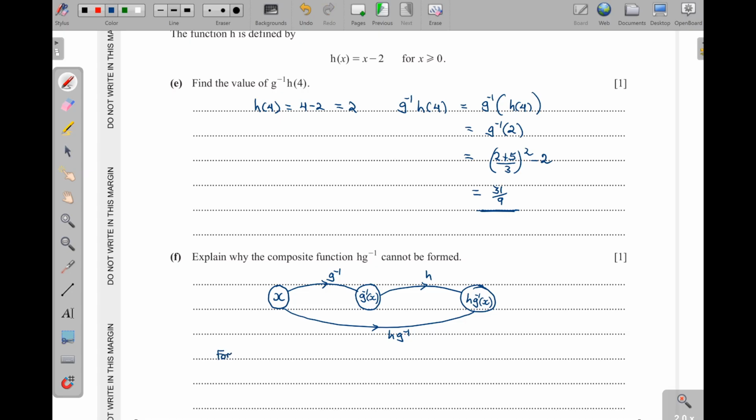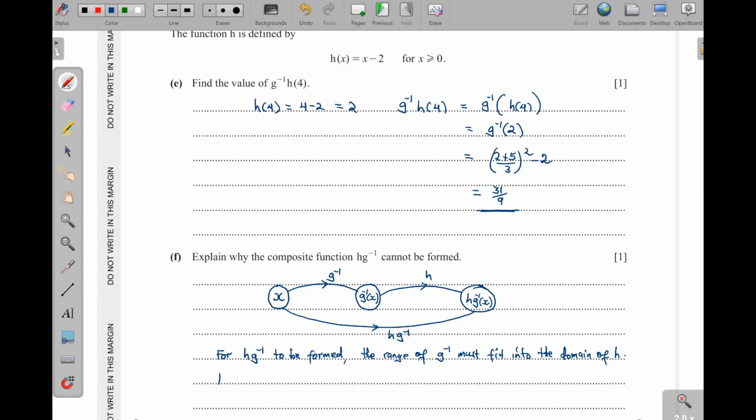Now, let me write my statement here. For hg inverse to be formed, okay, the range of g inverse, okay, must fit into the domain of h.